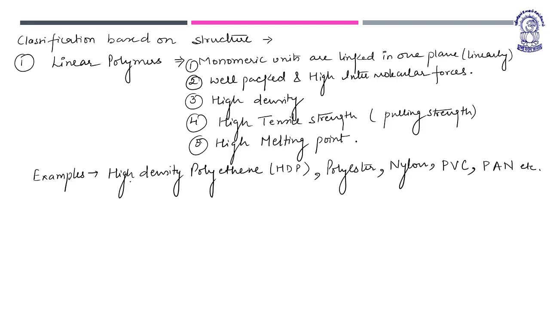Now the second category is branched polymers. The properties of branched polymers are that the monomers are joined to form long chains with some branchings.